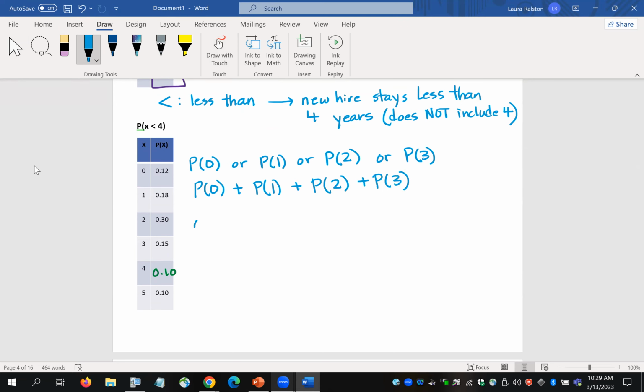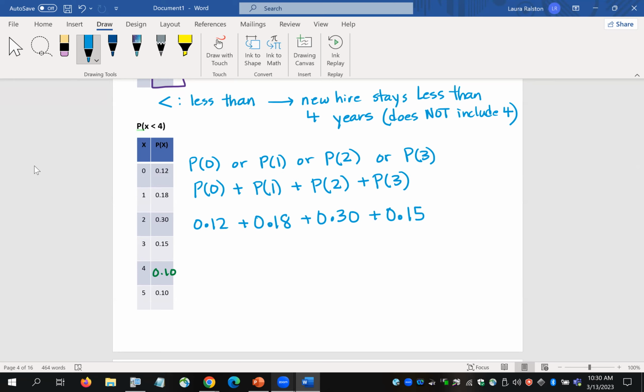So I would have 0.12 plus 0.18 plus 0.30 plus 0.15. I'm going to add those together. Again, use your calculator.